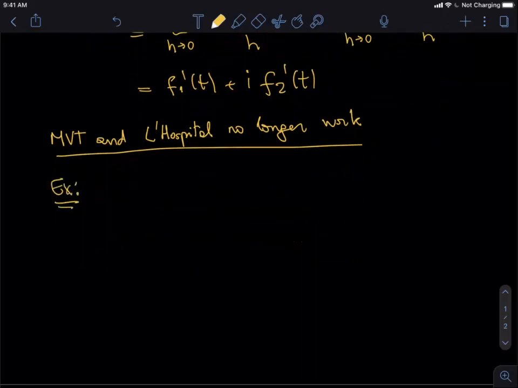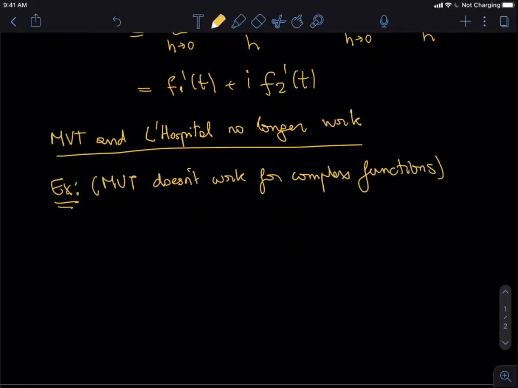A counterexample. The mean value theorem doesn't work for complex functions.